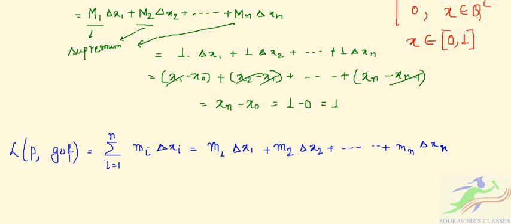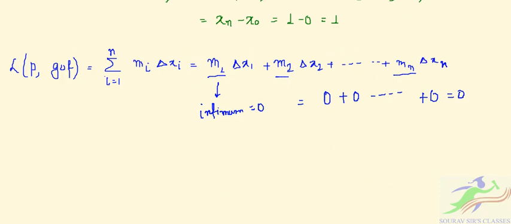Now what is the infimum value of this m1, m2, up to mn? The infimum will be 0, right? So from here we can write 0 plus 0 up to 0, so the lower sum will be 0.